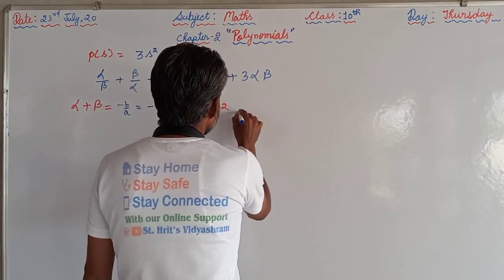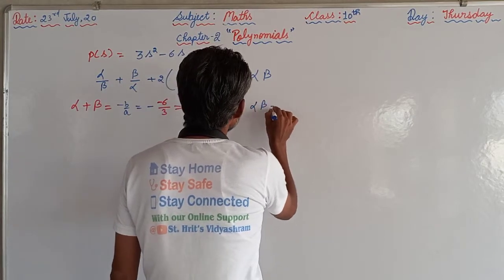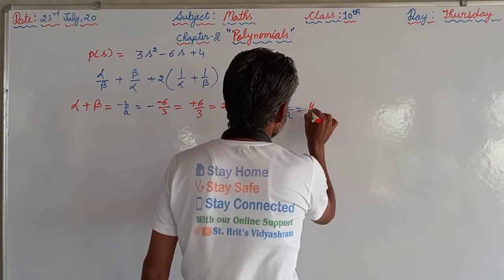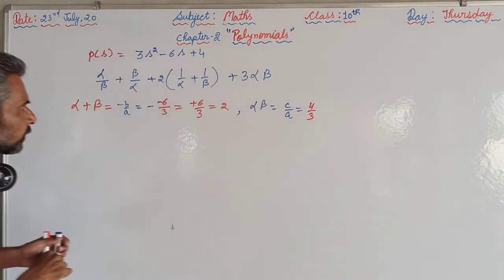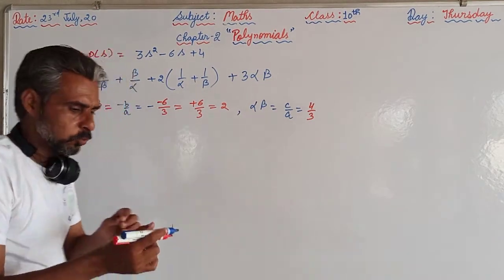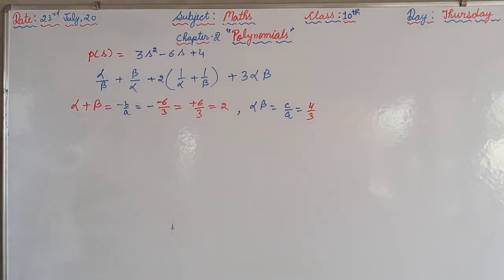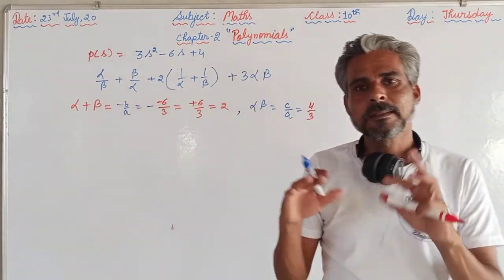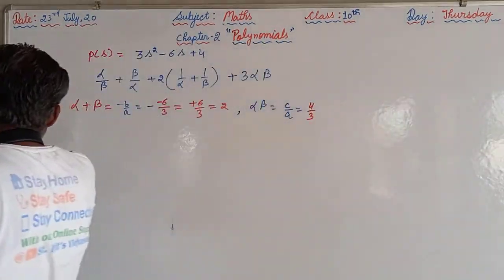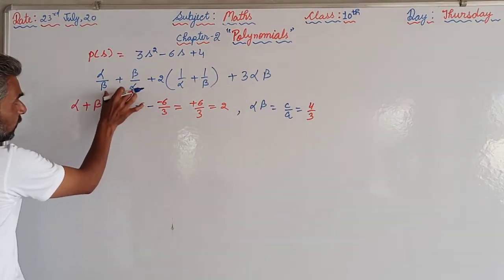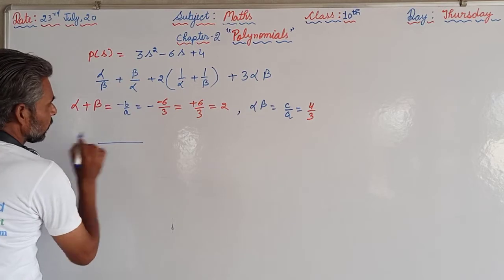At the same time, alpha beta is c upon a, which means 4 upon 3. Now we have the sum of the roots and the product of the roots. Again and again I am telling you that solutions, zeros or roots mean the same thing in a polynomial.